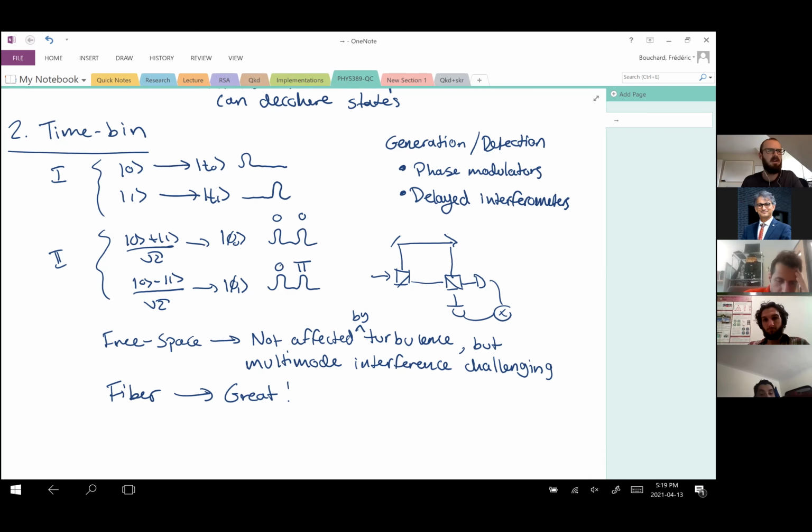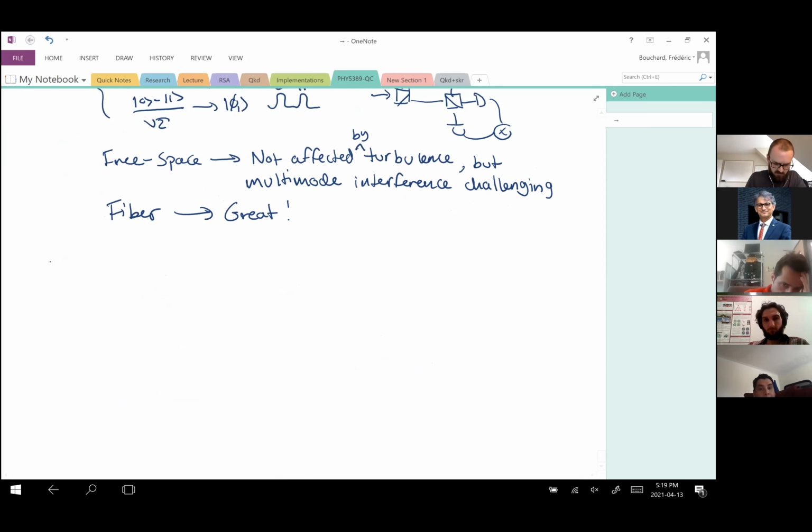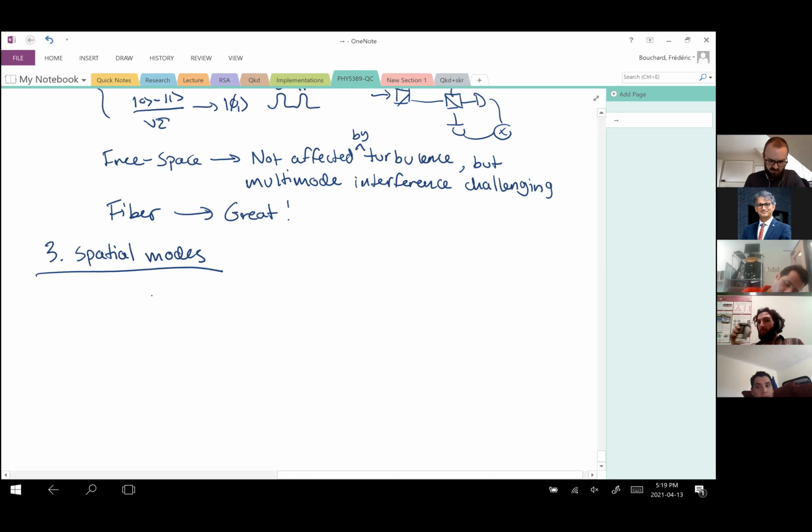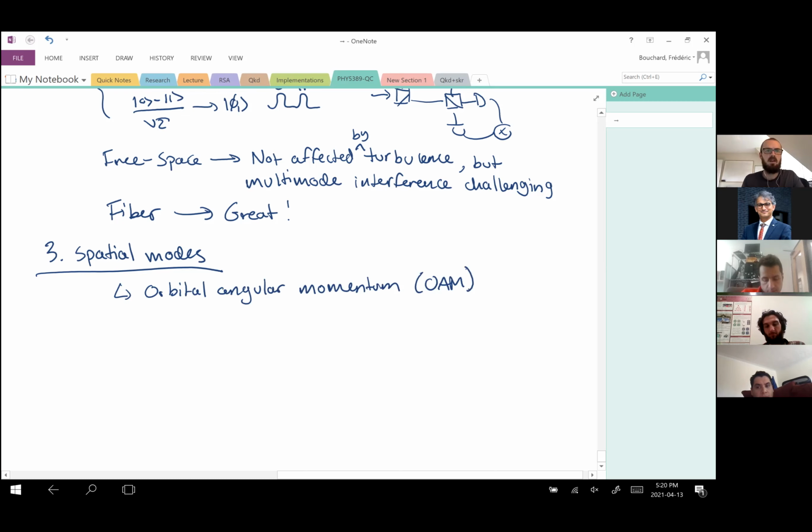Okay. Spatial modes. That's one of the favorites of the group in Ottawa, where you can encode the information in the transverse degree of freedom. In particular, a popular encoding is using orbital angular momentum, also known as OAM, of light.